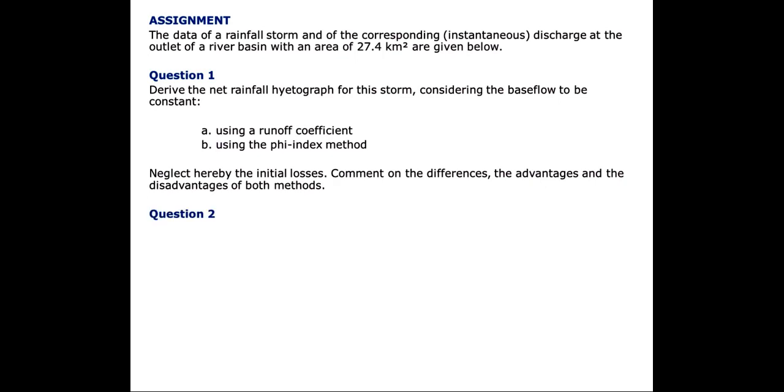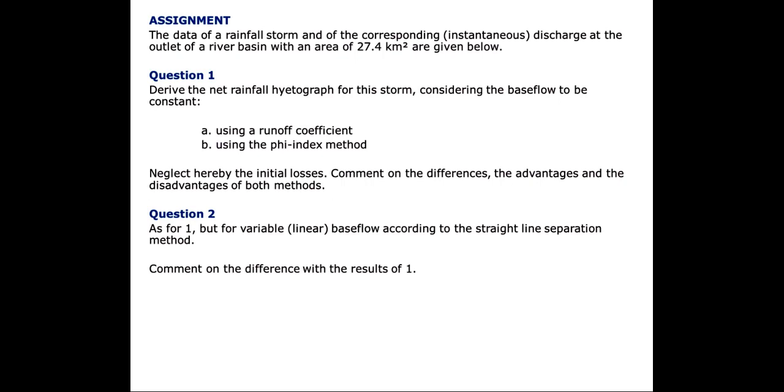The second question will be the same as the first, but instead of having a constant base flow, we will consider a variable, linearly increasing base flow according to the straight line separation method, which we saw in the first lecture. You do the same thing as for question 1, calculating the net rainfall using a runoff coefficient and using the phi index method, and we also comment on the differences between the two results.